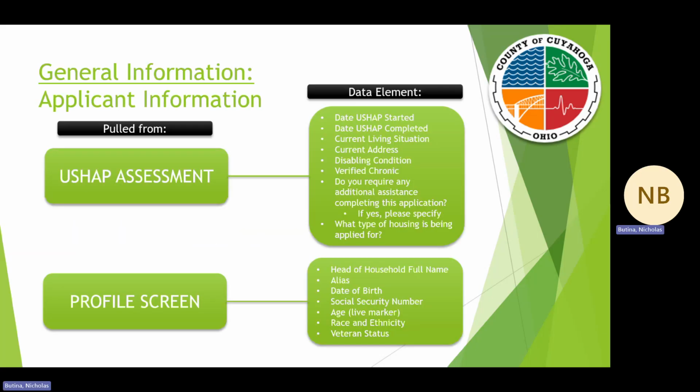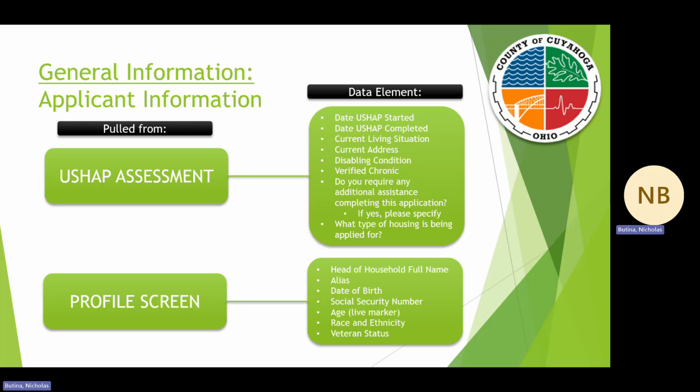Starting with the applicant information, there are two sources of information: the USHAP assessment and profile screen. For the rest of the training, think of the USHAP assessment as the application that we are all used to filling out for housing opportunities. The USHAP assessment or application collects the date the USHAP was started, the date the USHAP was completed, the applicant's current living situation, current address, disabling conditions, verified chronicity status.